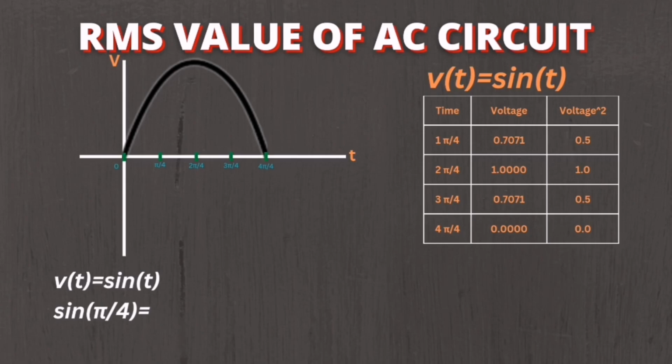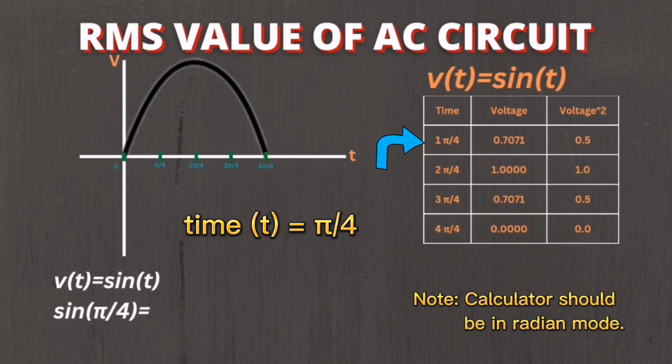After we take the half cycle, we have to divide it into 4 equal parts. Here we will have 1 pi over 4, 2 pi over 4, 3 pi over 4, and 4 pi over 4. After that, we will use the function V of t is equal to sine of t. For number 1, time t is equal to 1 pi over 4 or pi over 4.